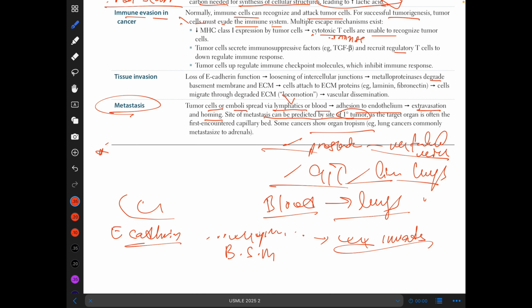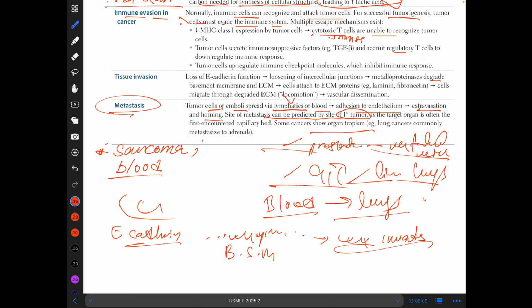Like you already know, there are two types of spreading: by lymphatics or by blood. There's an important point about sarcoma. Sarcomas are connective tissue cancers, and these spread via blood, hematogenously. You know arteries have thick walls, due to which it is difficult to penetrate.